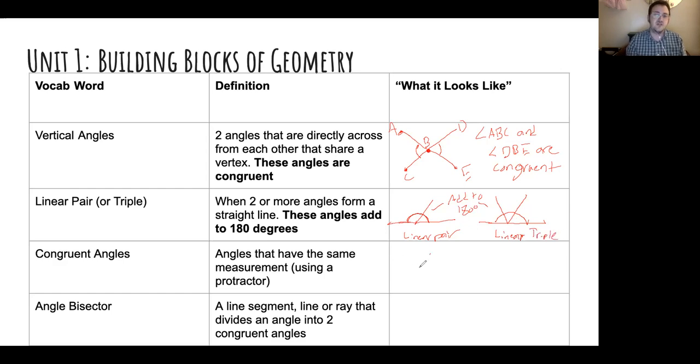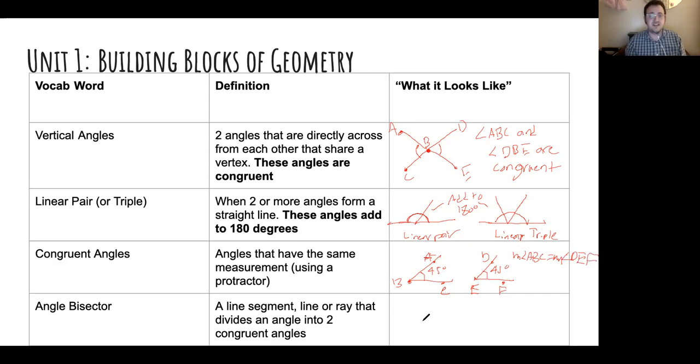Congruent angles are angles that have the same measure. So if I had that this angle was 45 degrees, and this angle was 45 degrees, maybe I'll call this ABC and DEF, I could say that the measure of angle ABC is equal to the measure of angle DEF.